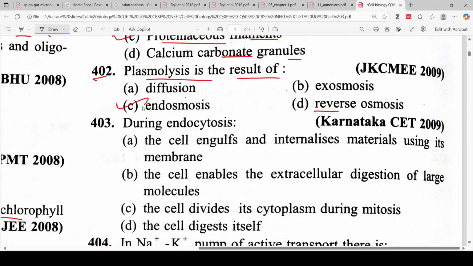Endosmosis is not correct, sorry. The option B will be the correct answer, exosmosis.